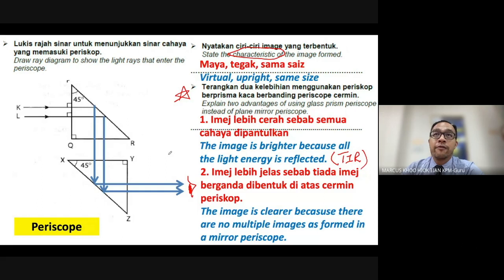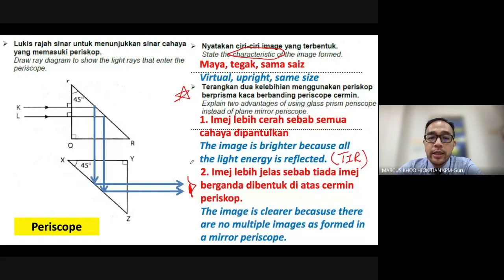For example, if you're spying on an island, you want to know exactly how many people there are. If there are 10 people, there are 10 people. You don't want to see 10, then 20, that's difficult. So we say that the two advantages are the image is brighter and the image is clearer. But of course, prism periscopes are more expensive. Prisms are generally expensive because of the glass that you use.